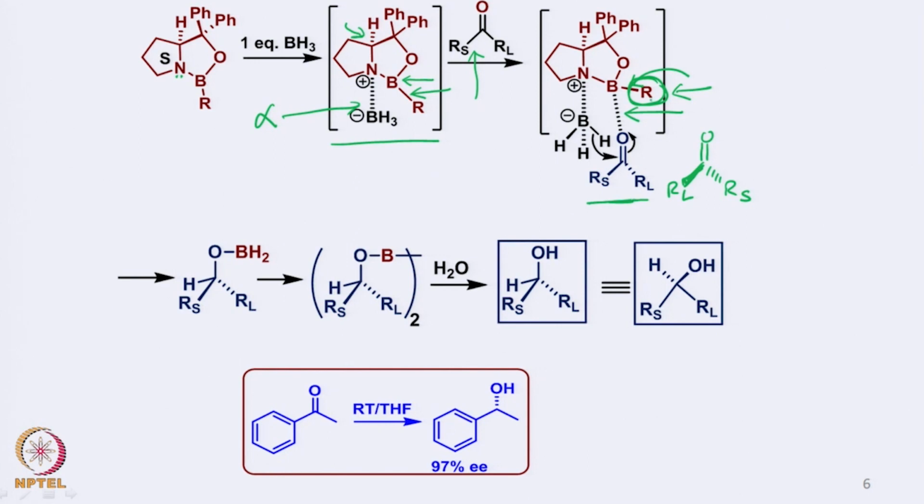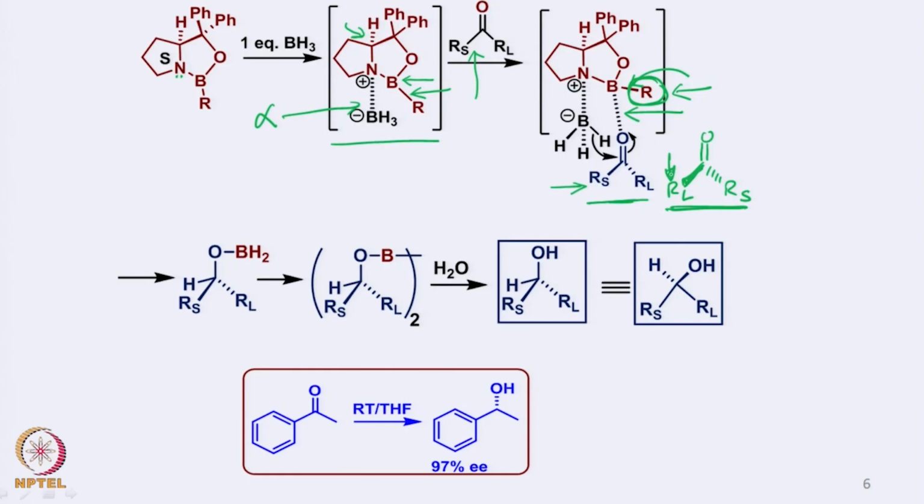Since this R group is beta oriented, the small group, the group which is smaller, orients towards the beta side to avoid steric hindrance. If we had put this kind of orientation, then there would be a severe steric interaction between this R and this R large group, that is the larger group attached to the carbonyl.